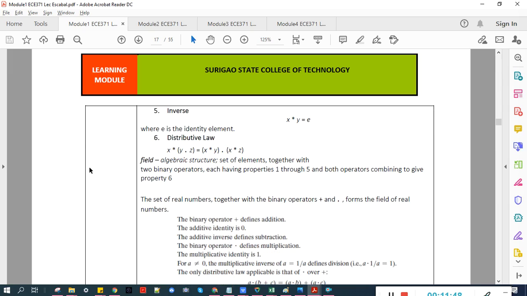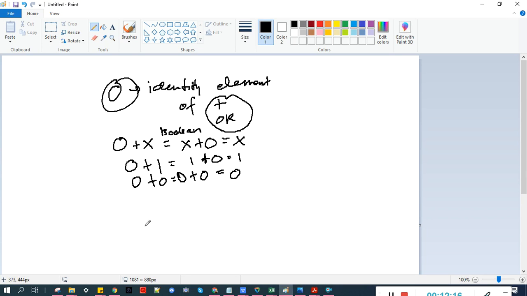Number 5, inverse. When we perform the operation between two inputs and the result is the identity element, then we say that x is the inverse of y, or y is the inverse of x.